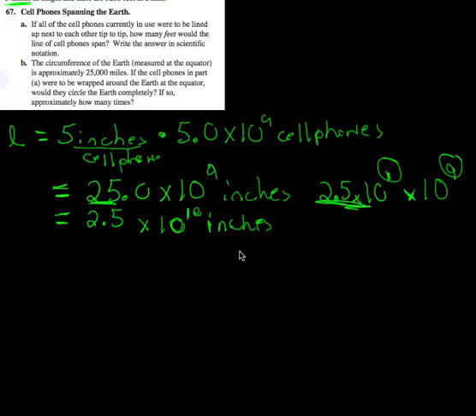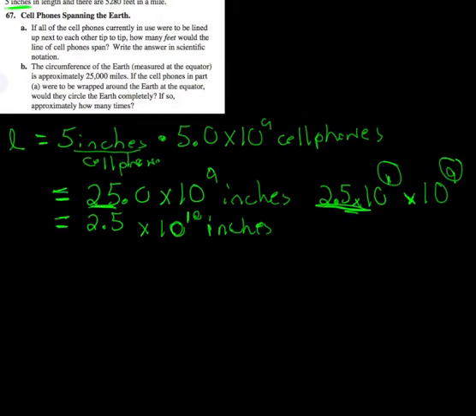But it wants to know how many feet there are. And so there are 12 inches in a foot. And so we need to divide this by 12 to find out how many feet we have.